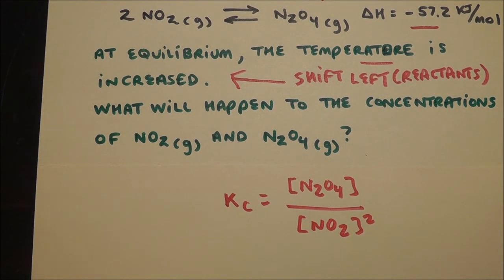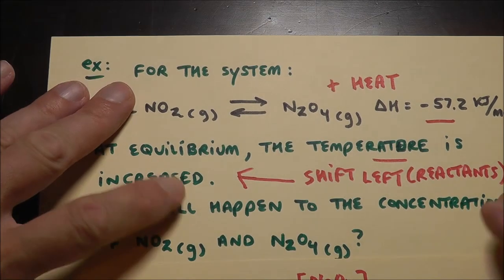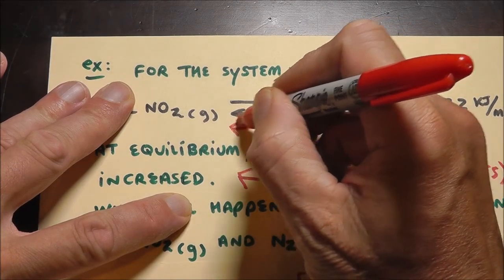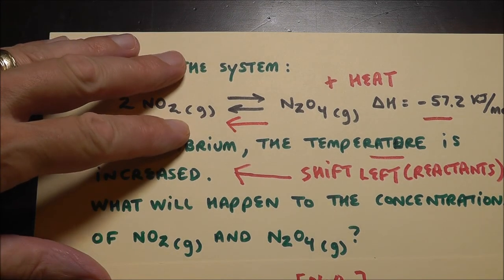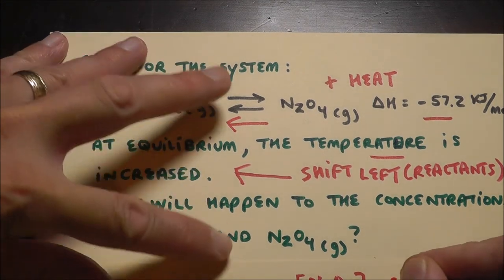This is all concentrations. And so we're going to find that as a result, this shift to the left, we'll use our imagination, will make the concentration of N2O4 go down. So N2O4 will decrease.